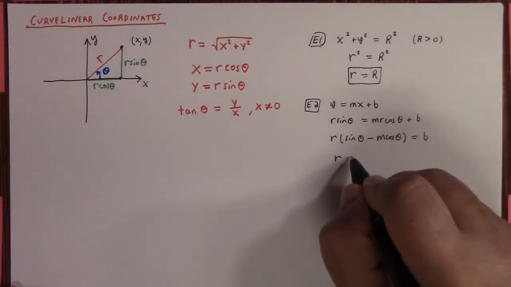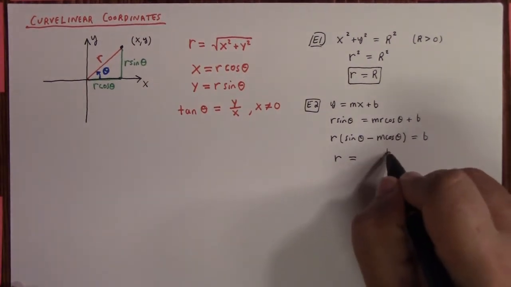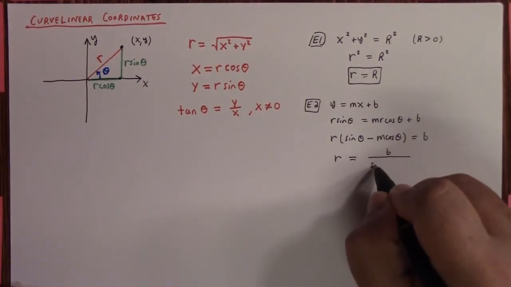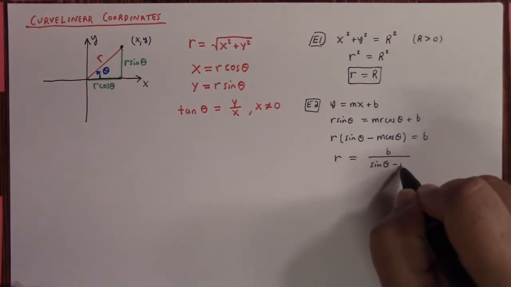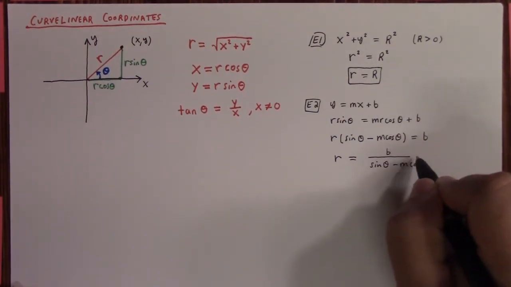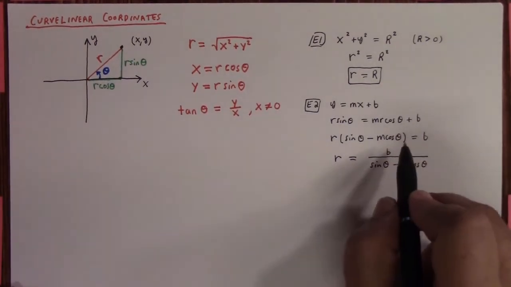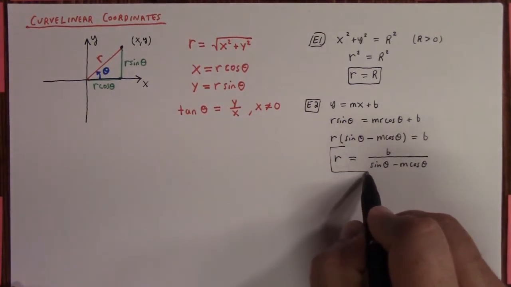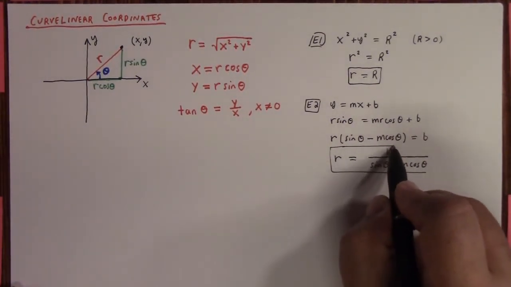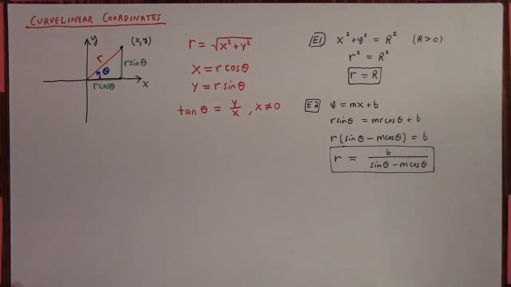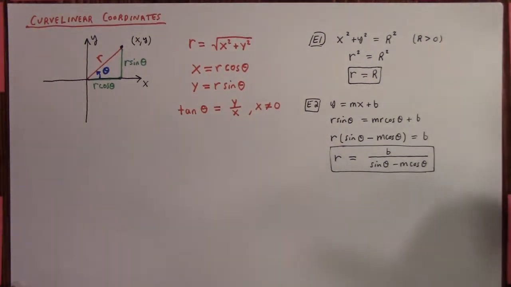So apparently r as a function of theta is b over sine theta minus m cosine theta. So in short, the formula for a line in polar coordinates is kind of complicated, right? So circles are nice in polar coordinates, lines not so much.